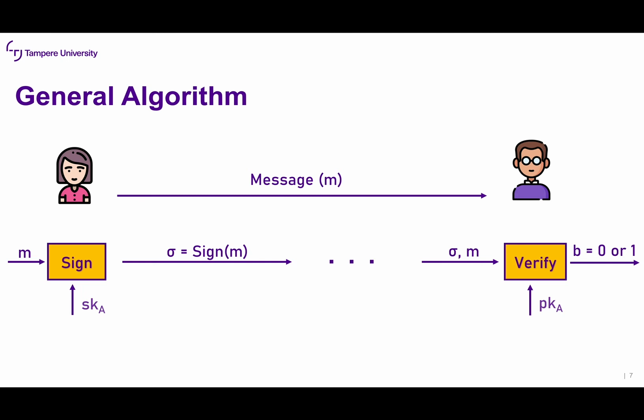So Alice signs the message with her secret key, then she sends the signature along with the actual message M to Bob. Bob gives these two parameters as input to the verification algorithm, which outputs yes or no, basically success or fail. So the basic idea behind the public key signature is that the signature is computed from the message plus Alice's private key, while for the verification, we have the message plus the signature plus Alice's public key, and this will output a 0 or 1, a yes or no, right?